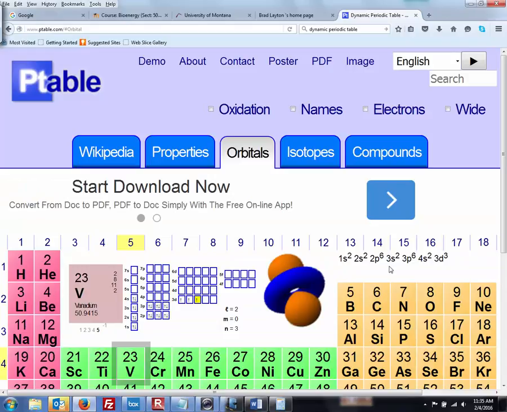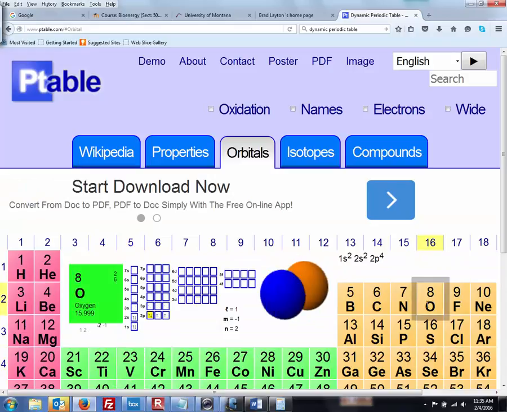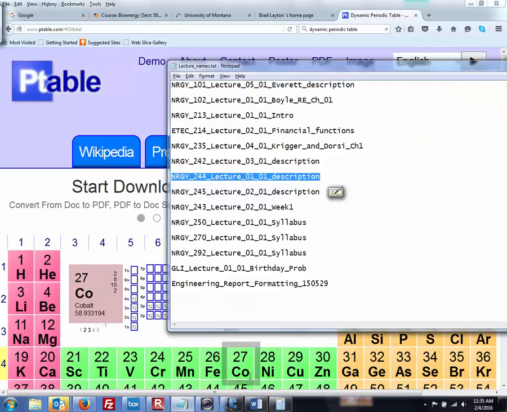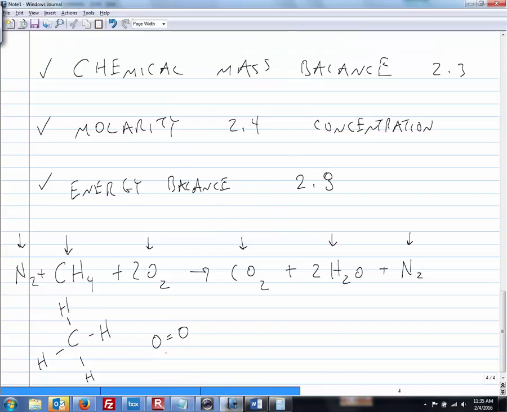Where the heck's oxygen? Right over here. Oxygen, if you'll notice, has an electron missing there, an electron missing there. Where's it going to get them from? Just another oxygen. Well, in this case, just the other oxygen. So, mama oxygen's got, you can think of it in 2 different ways. Either 2 to share, or it's missing 2.